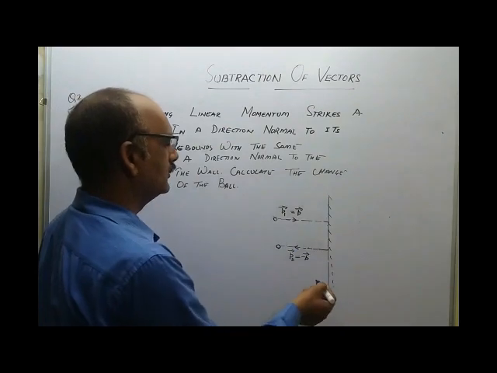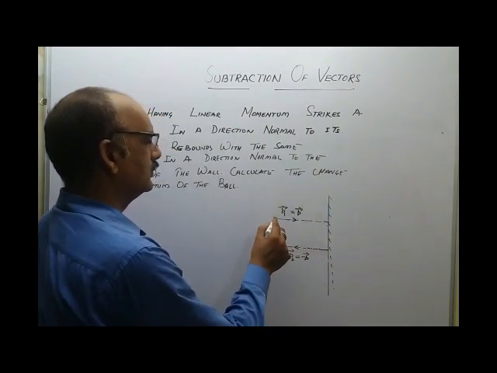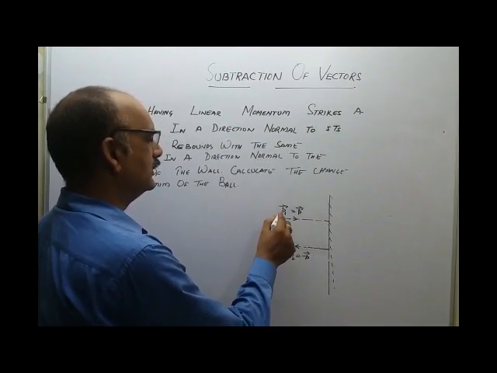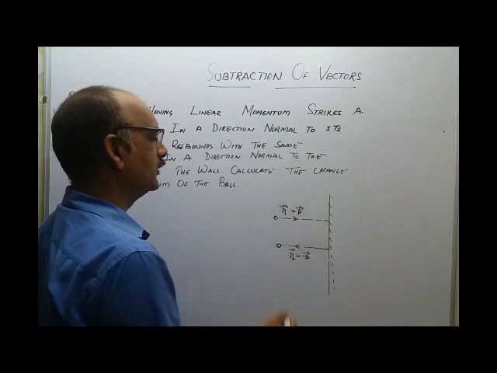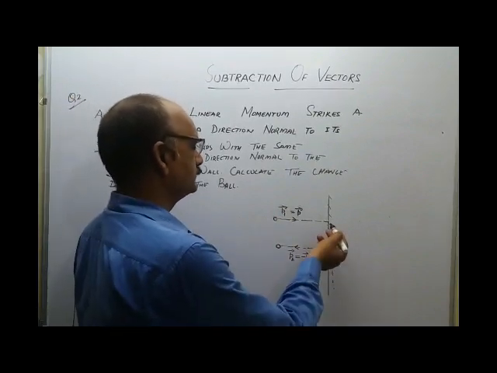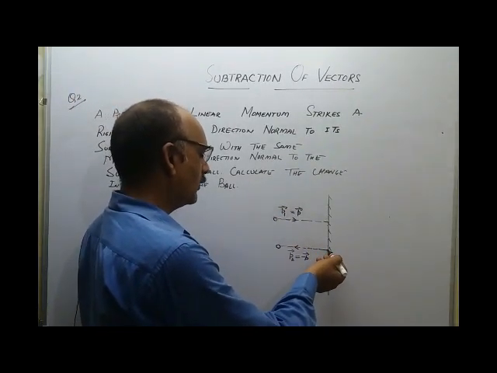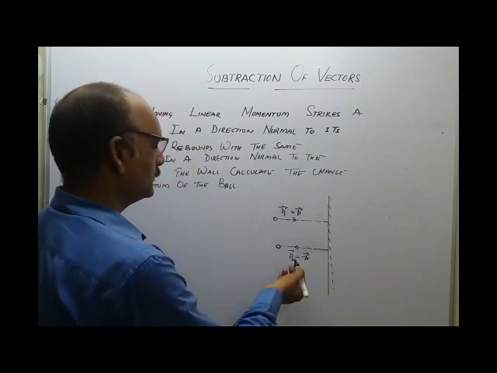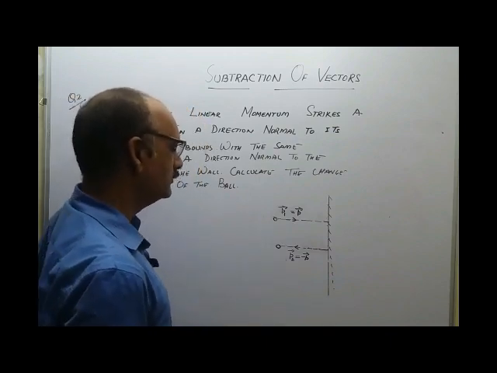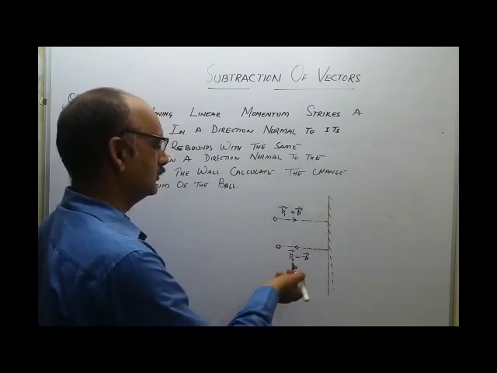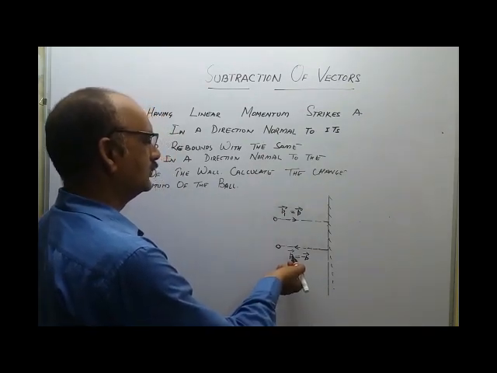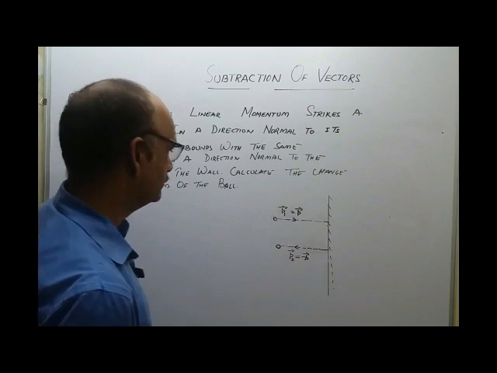This is a ball and a ball is moving with linear momentum P1, and this vector P1 equal to vector P. When it rebounds back, its momentum becomes vector P2 and magnitude of vector P2 equal to P.